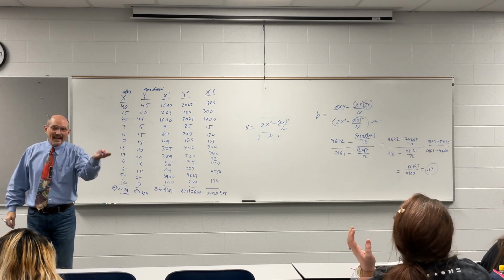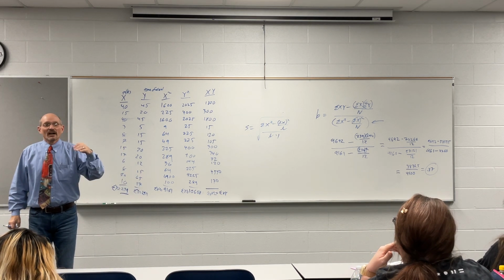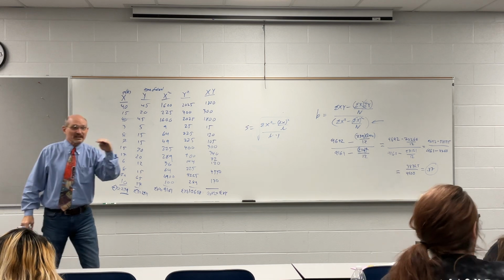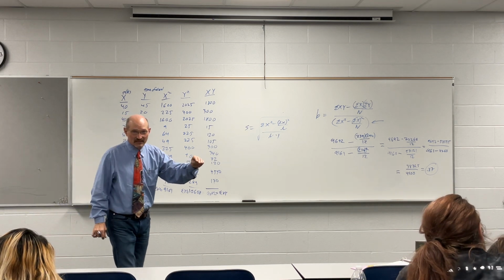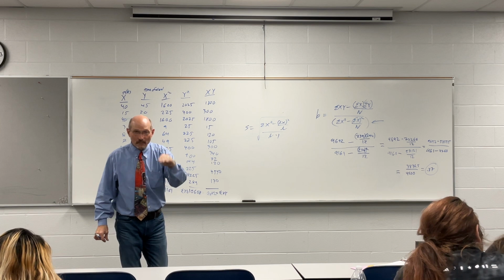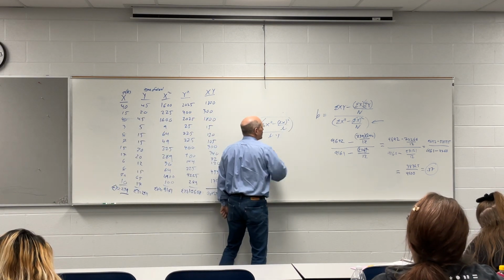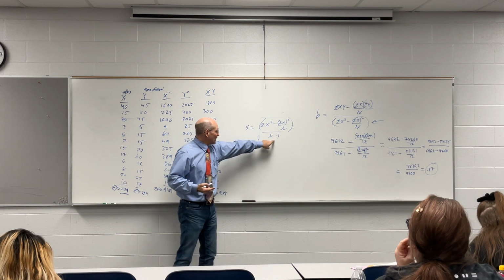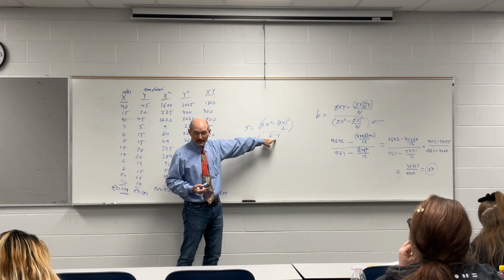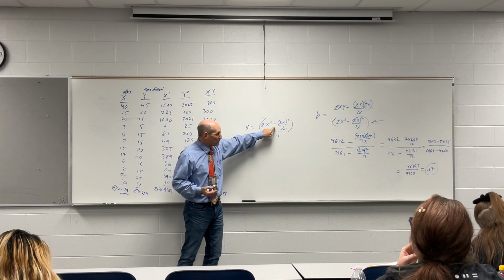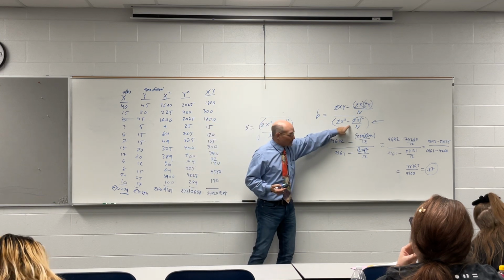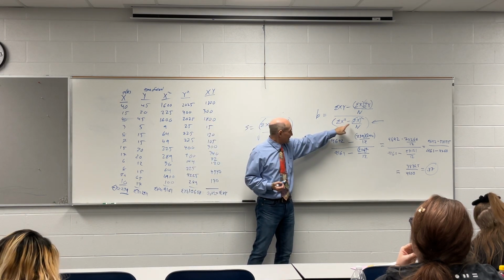More correctly, a standard deviation can never be negative. A standard deviation must always be positive. And the reason the standard deviation must always be positive is because this value must always be positive. This value is always going to be greater than 0, which means this value must always be positive. It's the exact same piece of the equation.